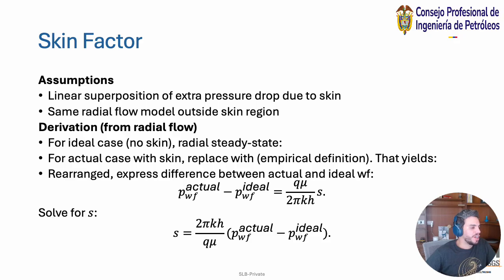So you get 2 pi kh divided by q mu, all multiplied by the change in pressure, where you do actual minus ideal. The reason you do that is that it's an arbitrary indicator of what positive and negative mean, so it allows us to mathematically explain what's damage and what's stimulation, right?